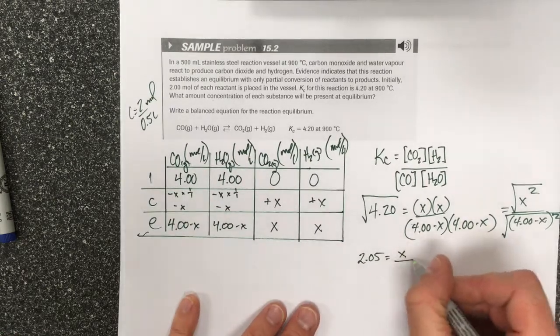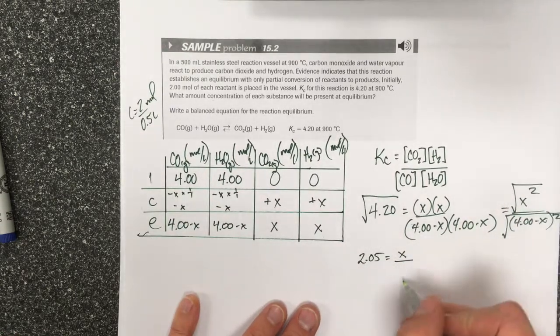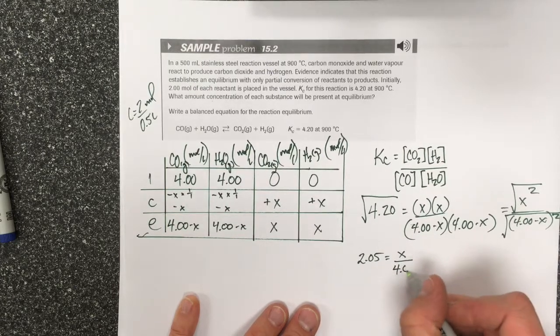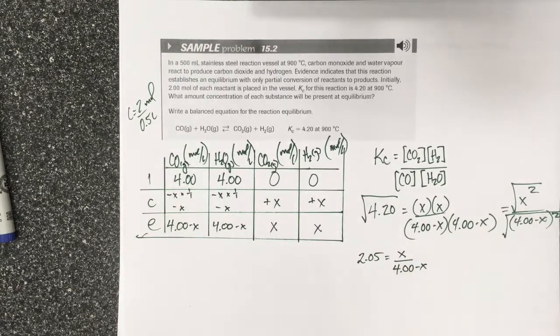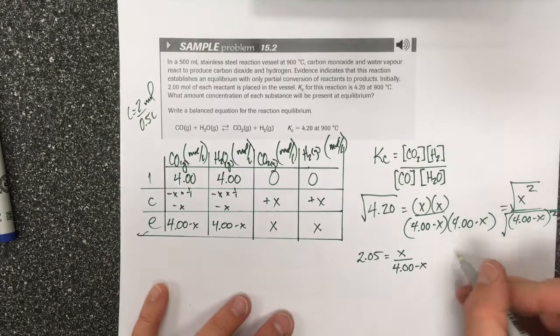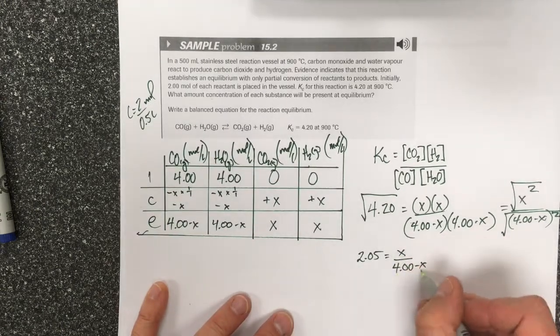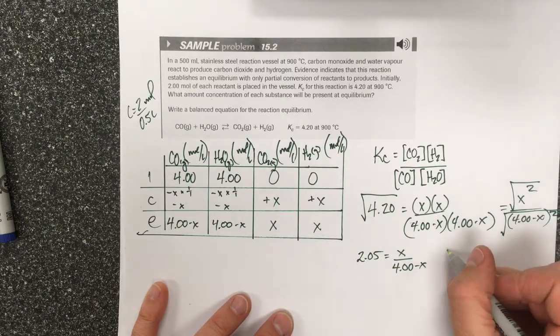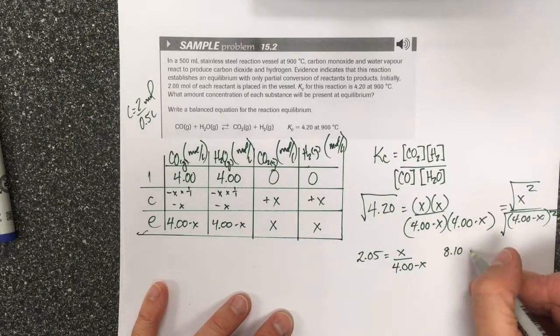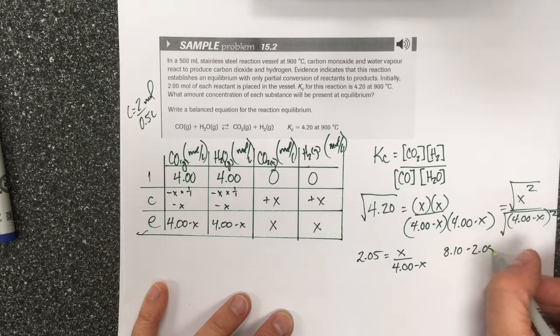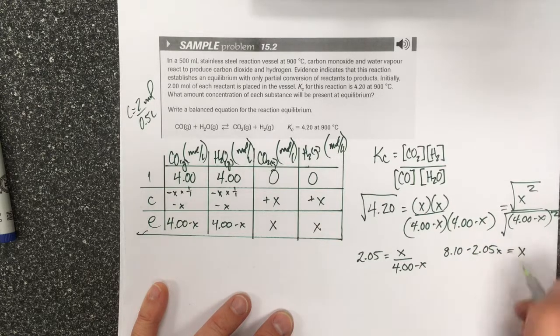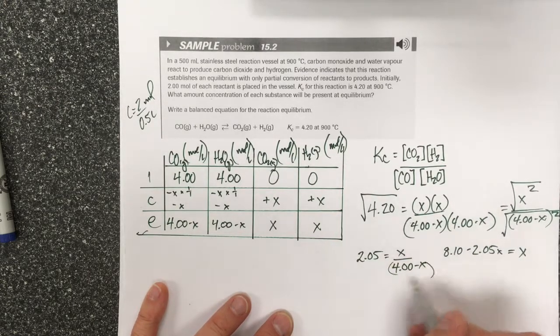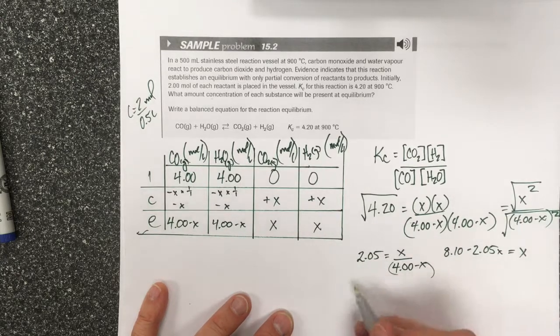And then that's equal to x, which is the square root of x squared, divided by 4.00 minus x. At this point, I'm just going to try to solve for x. So I'm going to multiply both sides by 4.00 minus x, so I get 8.10 minus 2.05x equals x.